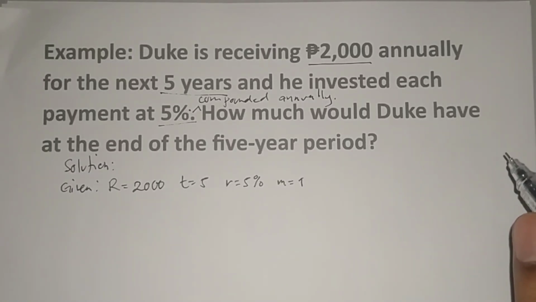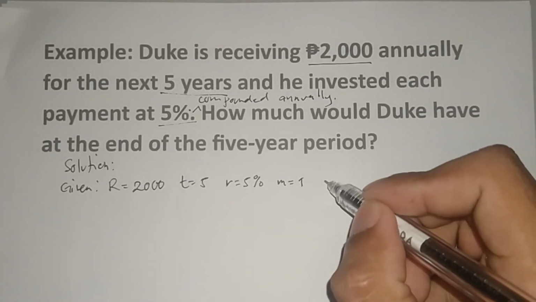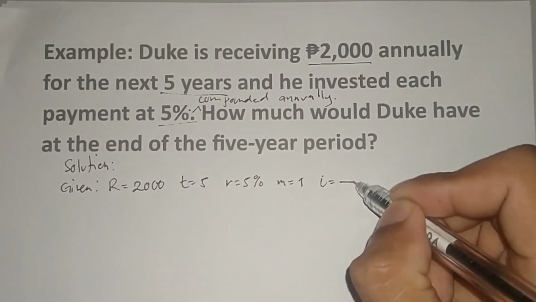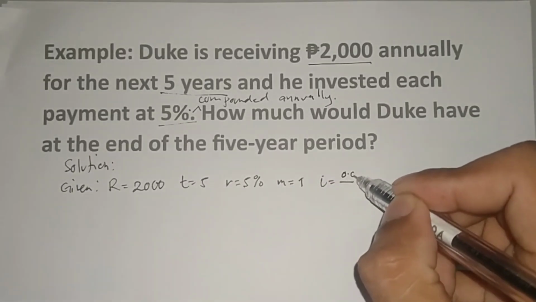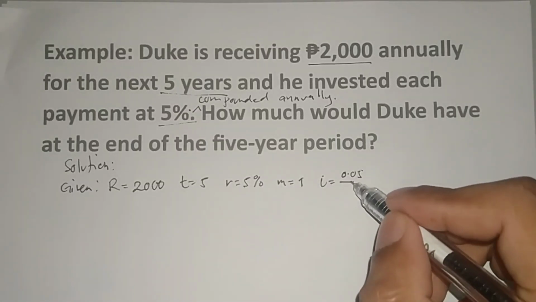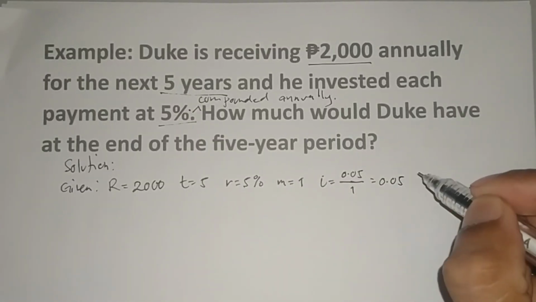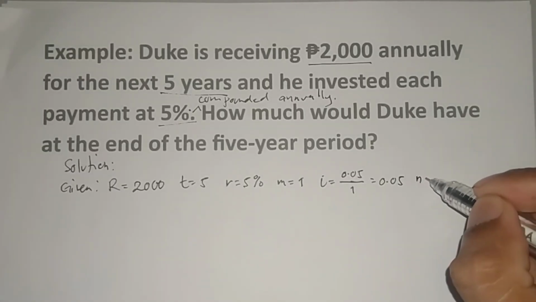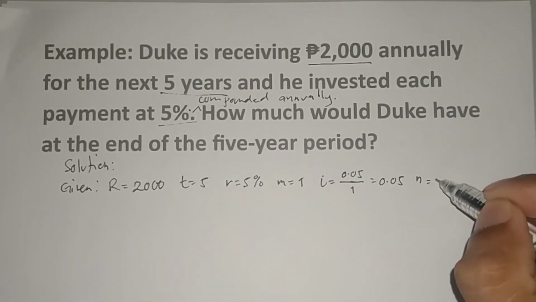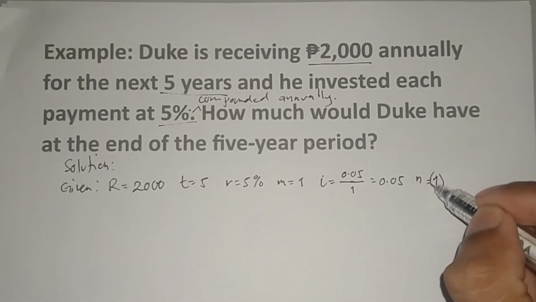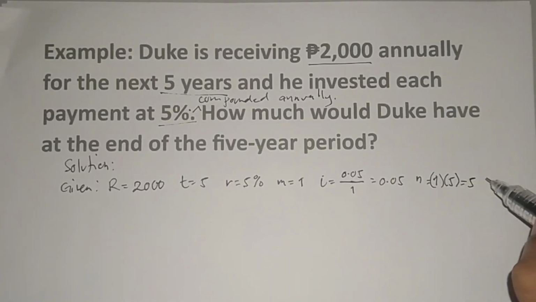Now we can find, because we already have the t, the r, and the m, so we can now look for I. So I equals the rate, which is 0.05, and the m, which is 1, so it will result to 0.05, and our n is m times t, so that means 1 times 5, which will result to 5.